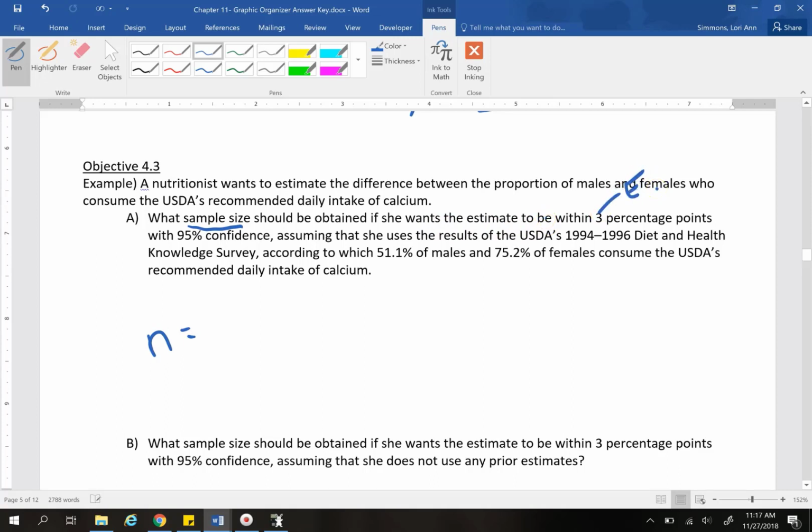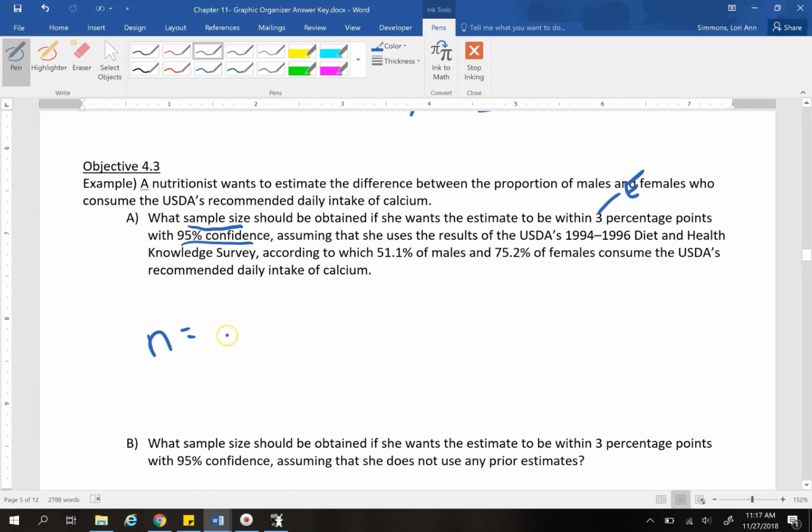That's your margin of error because you want to be within something. With 95% confidence, assuming that she uses the results of the USDA's 1994 to 1996 Diet and Health Knowledge Survey, according to which 51.1% males and 75.2% females consume USDA's recommended daily intake of calcium.